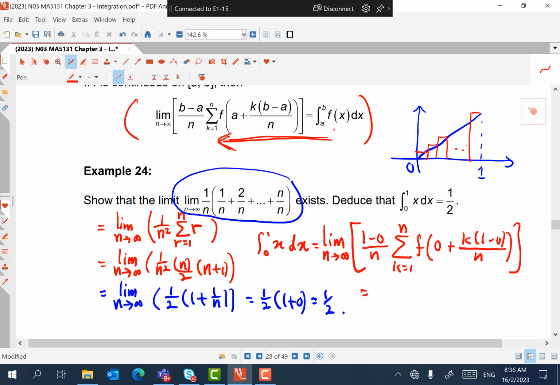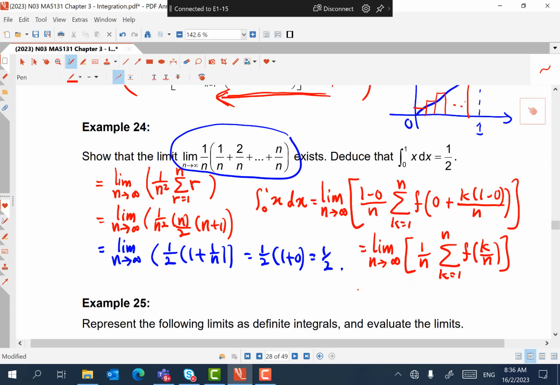And then upon tidying up, you get 1 over n, summation of k equals 1 to n of, okay, if you tidy things out a little bit, let me write this one more carefully. This is 0. So this becomes f of k/n. And what is f of k/n?